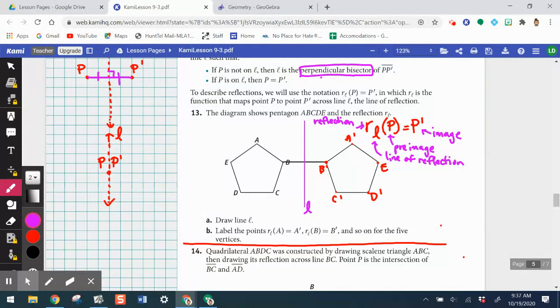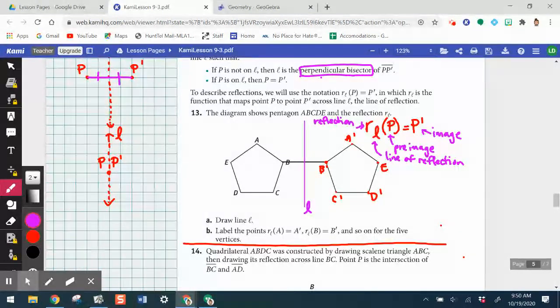Now, to describe reflections, we will use this notation. We explained that with our translations; we saw something very similar. Here, the lowercase r stands for reflection, obviously. The little l here is, in this case, the name of our line of reflection. And just like the notation before, the P in parentheses represents the pre-image point.